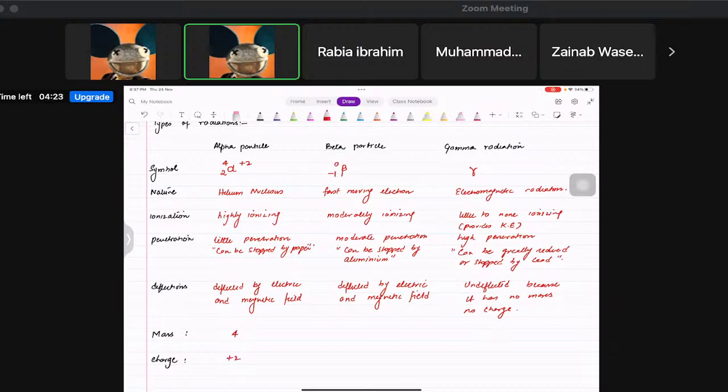Beta is 0 and -1, and gamma is 0 and 0, no charge, no mass. You can draw this, you can write this, and when you're done, let me know. From this point onwards, we're going to do it tomorrow, because I need a lot of time to do this.